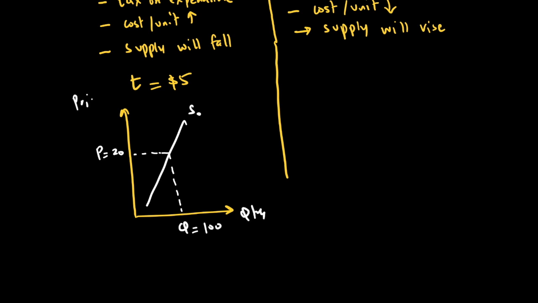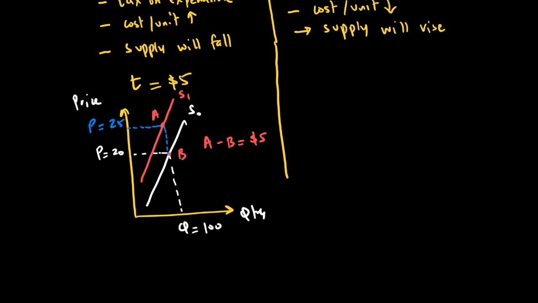And then the government decides to put a tax of $5. The supply curve, therefore, will shift upward vertically by $5, where the new price for the same 100 units will be 25, and this vertical distance AB will be my amount of the tax, which is $5.